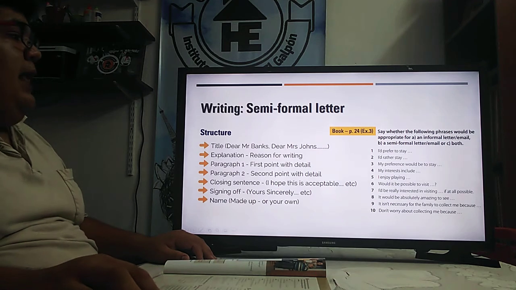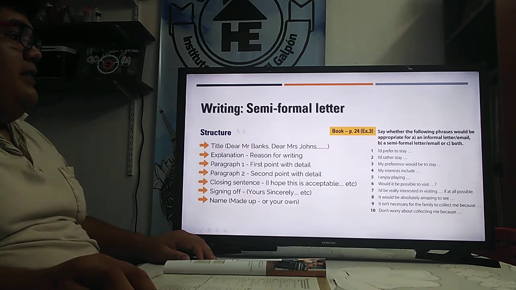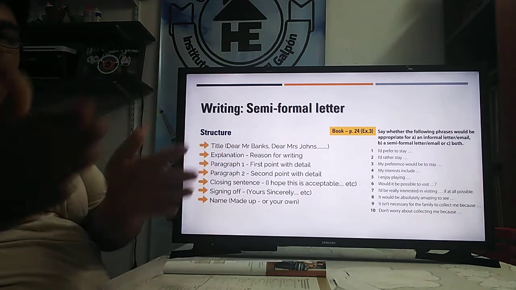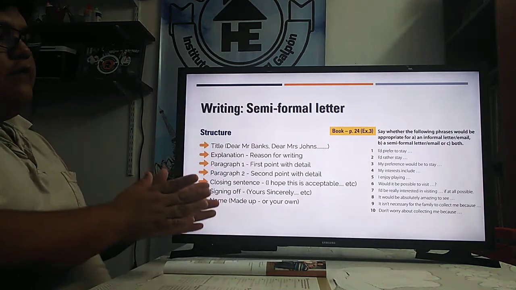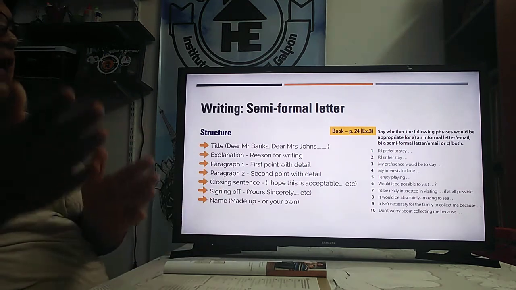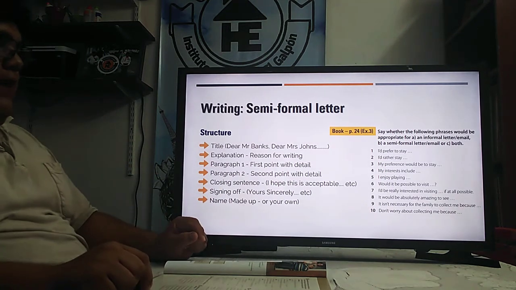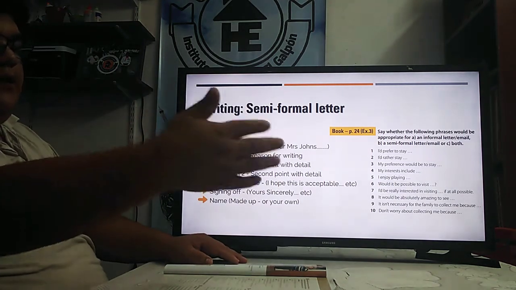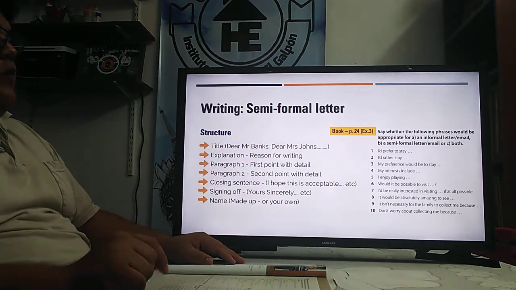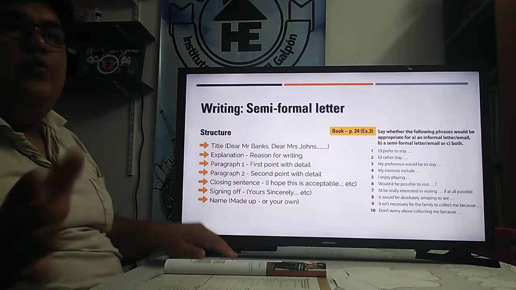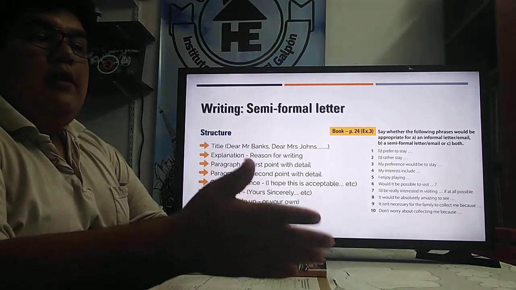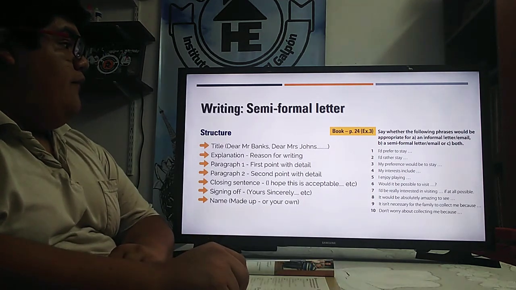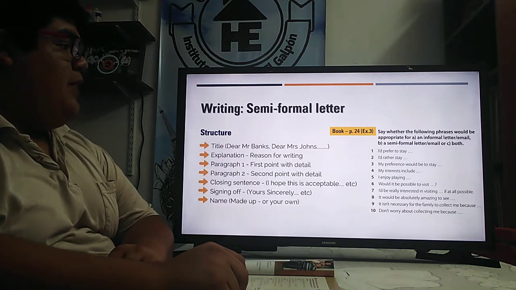And it is semi-formal because it accepts some expressions from both registers, from the informal style and from the formal style. As the word says, semi, it is in between, it is in the middle. Remember that in the previous writing task, we talked about informal writing. So now we're going to make reference to the semi-formal letter.